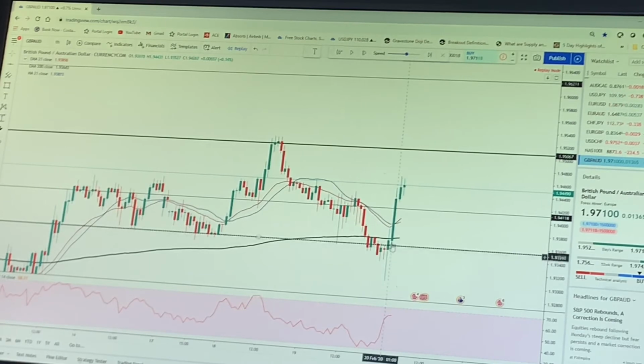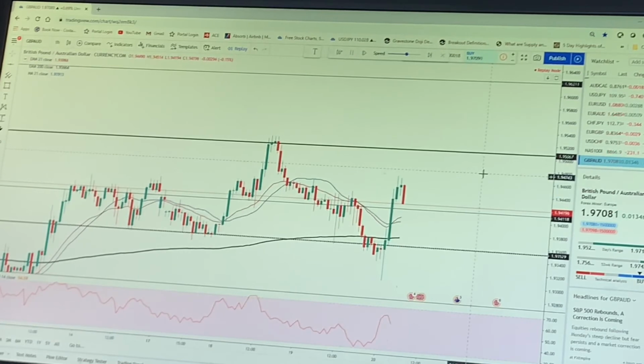If you see, we have this large candle that busts through this level and it closed, right? So remember the example that I just showed you over here, price goes up, and what happens? It doesn't always retest. That's why you want to wait for a retest. If it does not retest, then you do not get in. So right now it busts through this level, so I'm waiting for it to come back down so I can buy it back up. So let's go ahead and play this and see what happens.